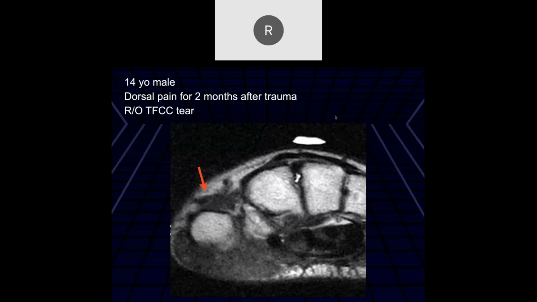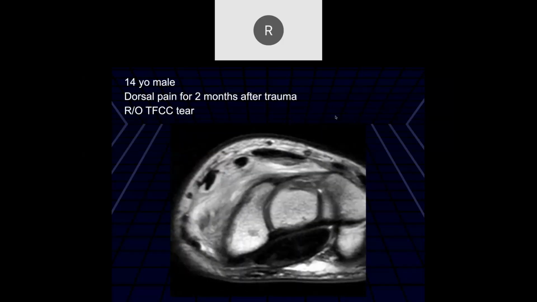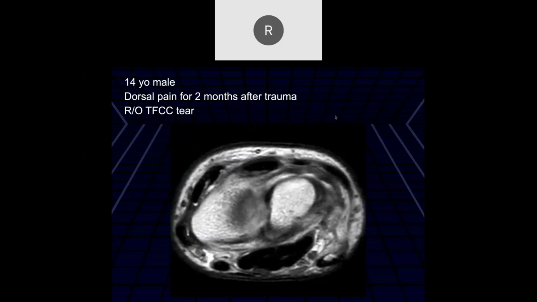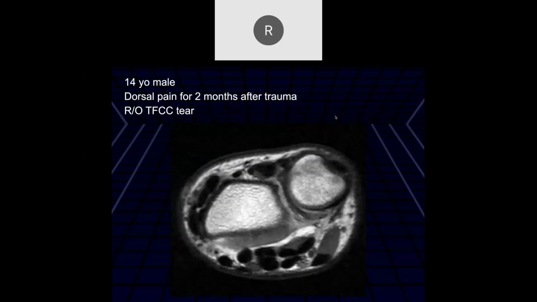There's an arrow getting over to, is that the EPL? Okay. And tracking it more proximally, it looks intact still. That's still intact, I think. Yep. And yeah, there, I think it's still intact.